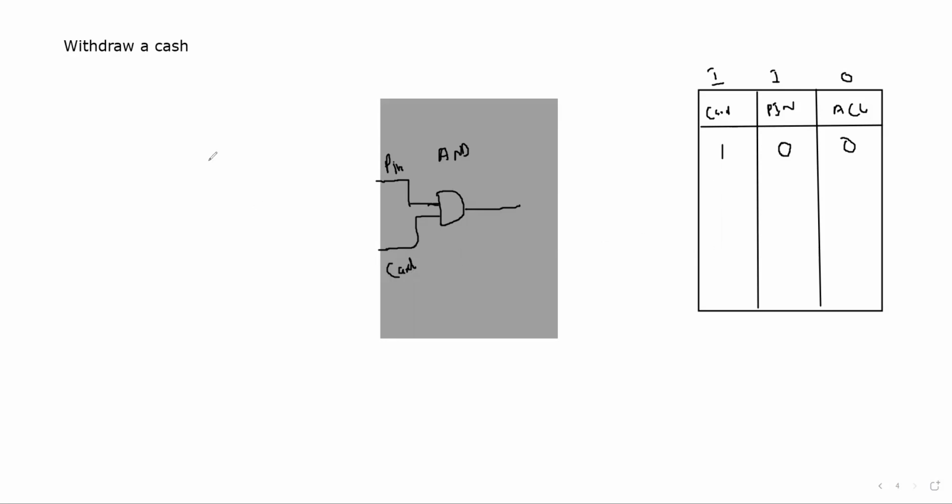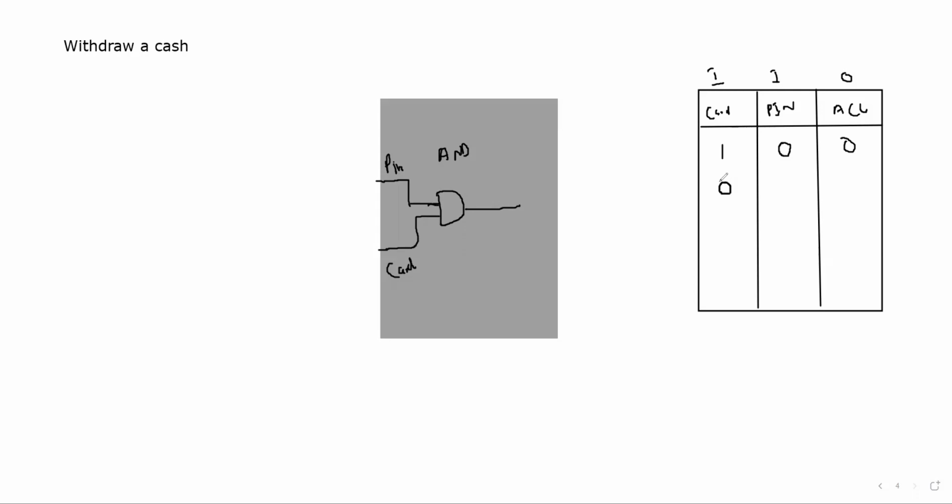For example, instead of inserting a machine-readable card, I insert another card. Say you enter your driving license instead of the card given by the bank.